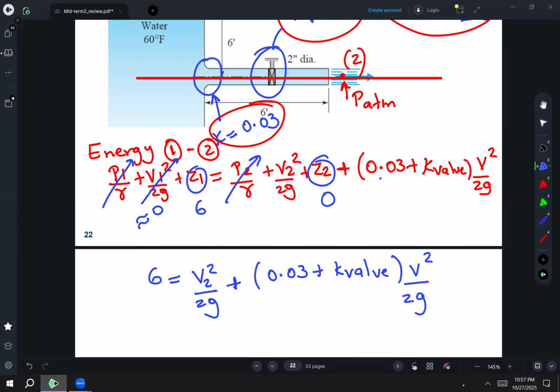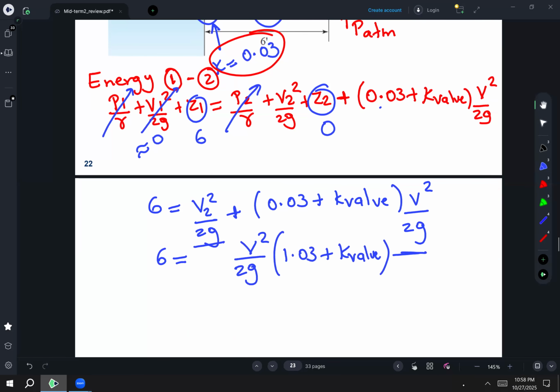So we have here then 6 is equal to, since they are the same, we can factor this, and then I'm going to have velocity squared divided by 2g times 1 plus 0.03, which is 1.03, plus k valve.